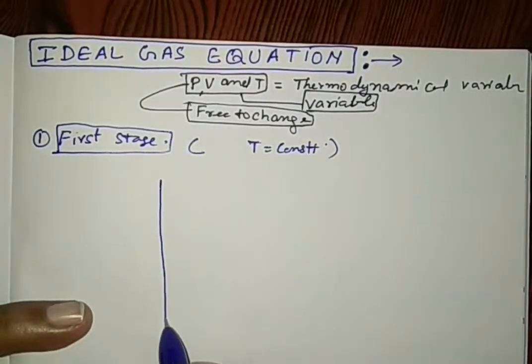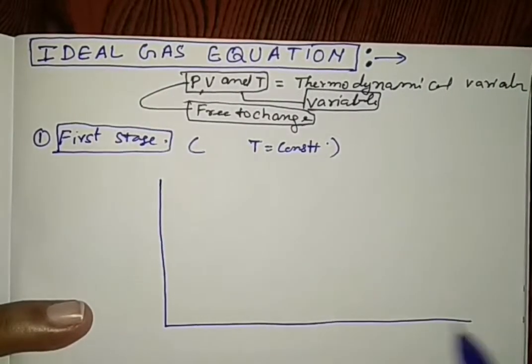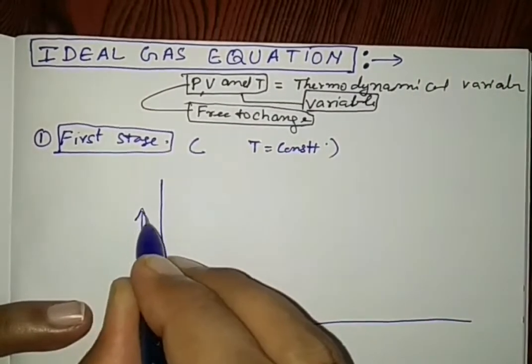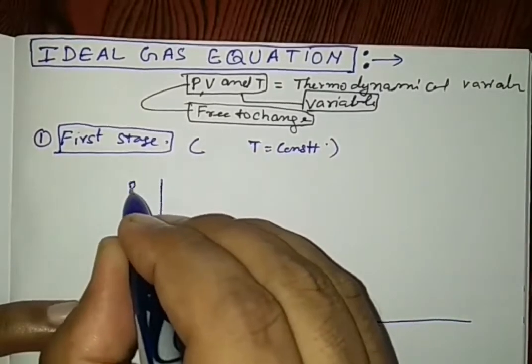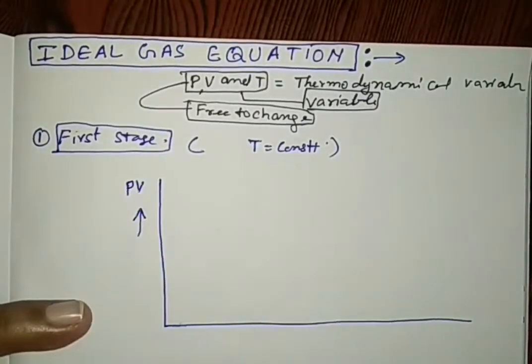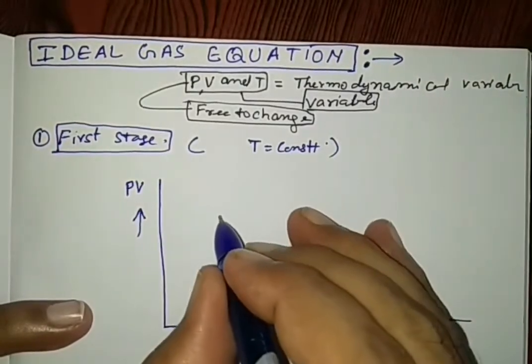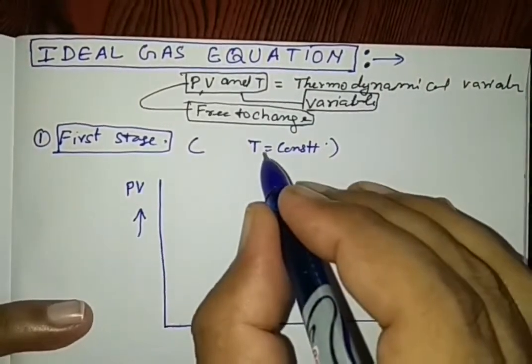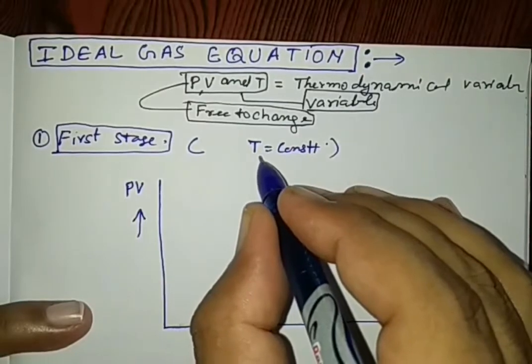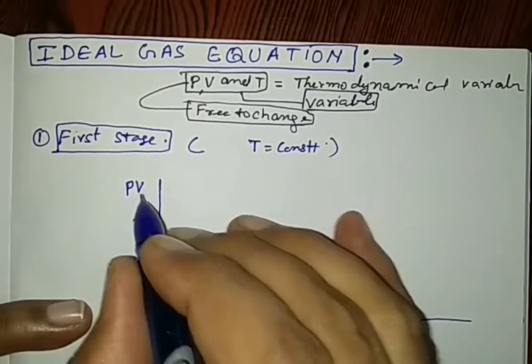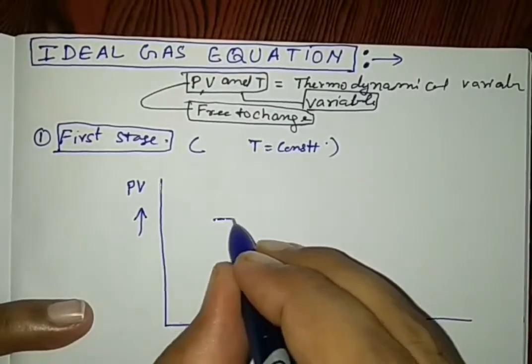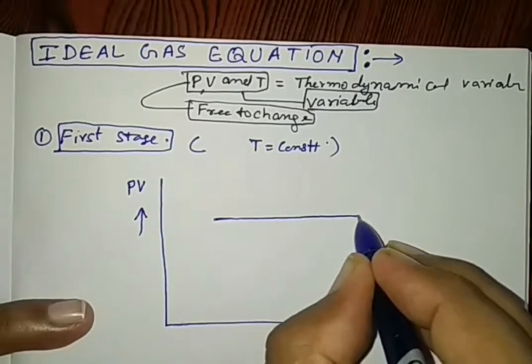Here the graph is plotted for the product of pressure and volume under two different positions. We know that according to Boyle's law, at constant temperature the product of P and V remains constant, so it does not change.